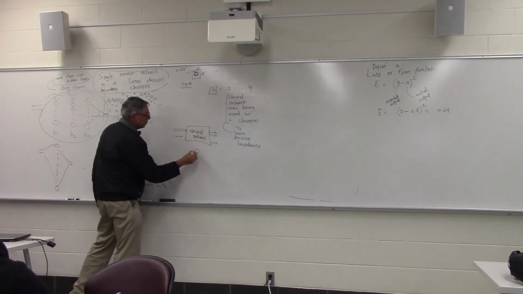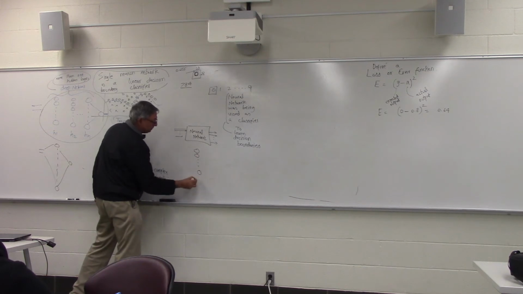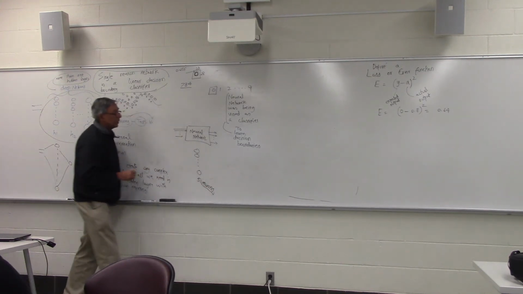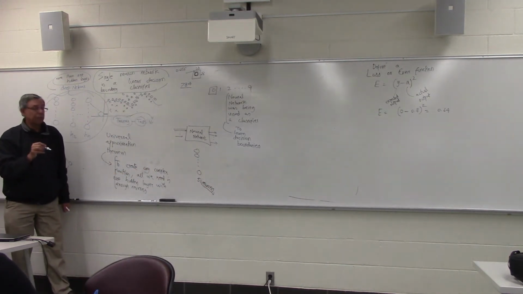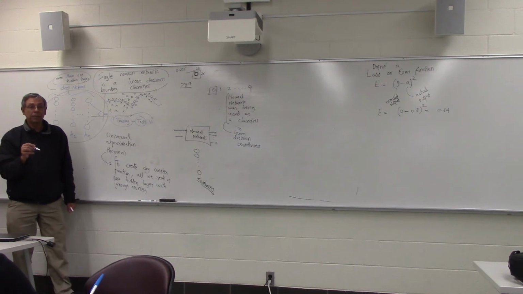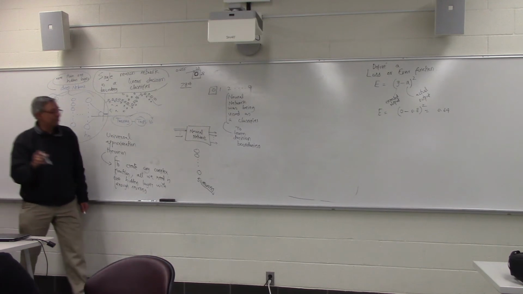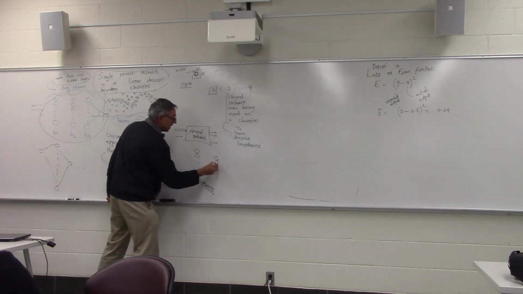So let's pretend you picked 50 neurons in the hidden layer. How many neurons will you pick in the output layer? 10, because it's a 10-class problem.